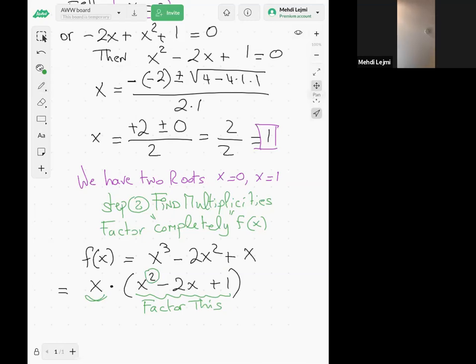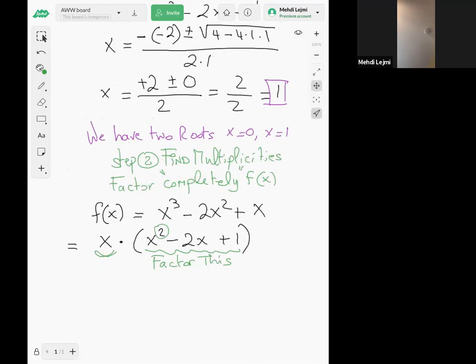So then, yes, Kwame, it's x minus 1 times x minus 1. So that's equal to x times, if you factor this, it's supposed to be x minus the first solution of x squared minus 2x plus 1 equal to 0.